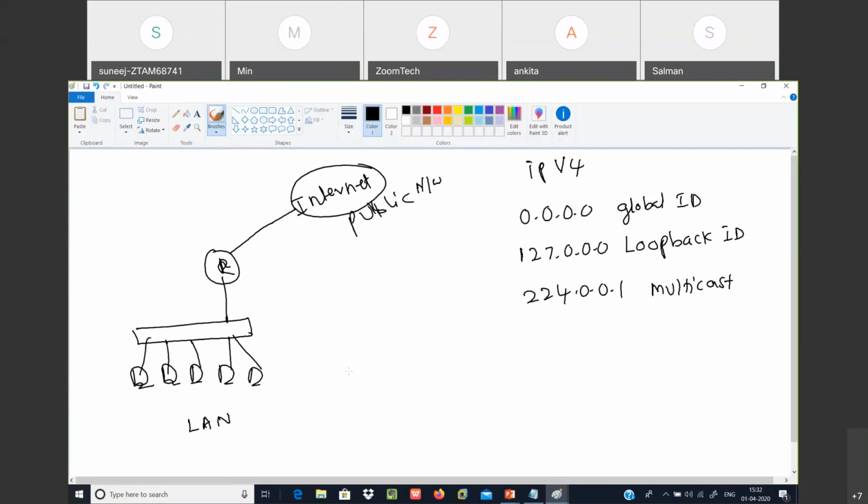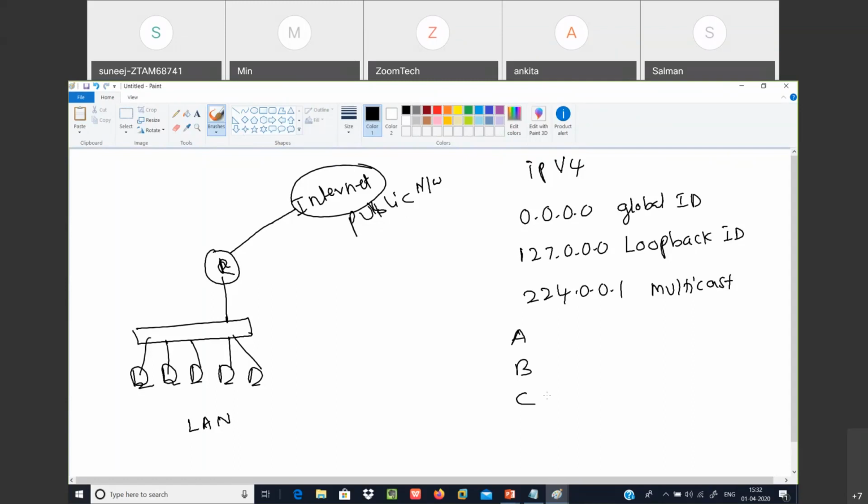So, internet is a public network, and in a local network, which class IP addresses can we use, guys? We can use class A, class B, and class C. From ABC classes, we have some IP addresses called private IP addresses and public IP addresses. Where do we use private IPs and where do we use public IPs? Private IPs are used in private networks.